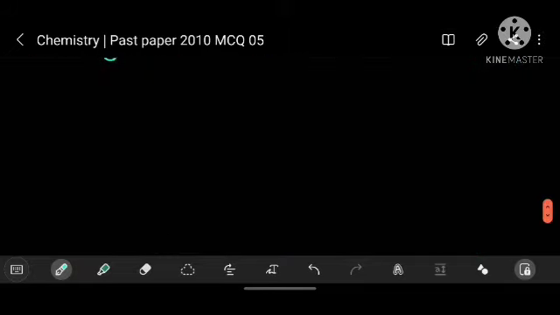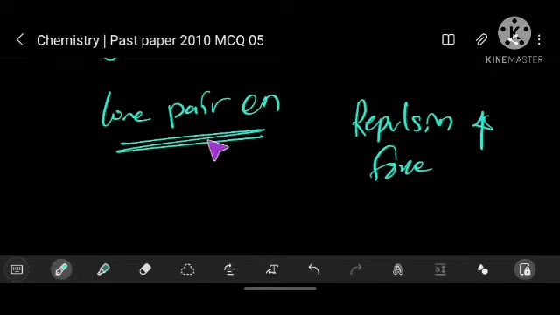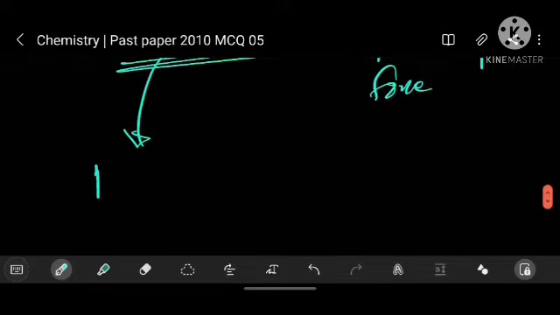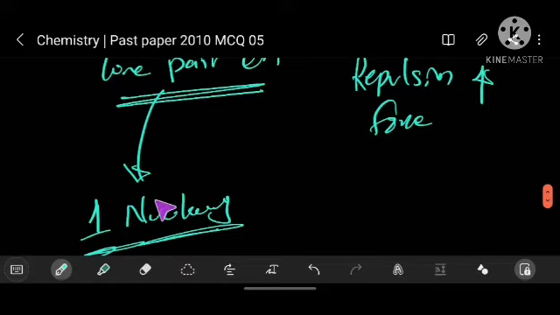The reason why lone pair electrons have a huge amount of repulsion force is that they are controlled by one nucleus. They are connected to that one central atom, so only that central atom's nucleus affects these electrons.